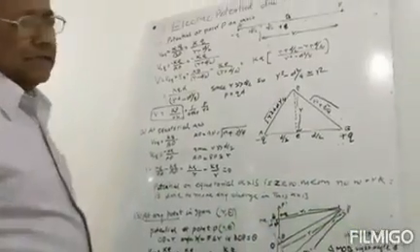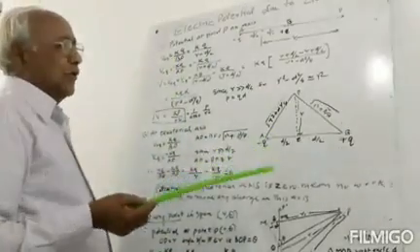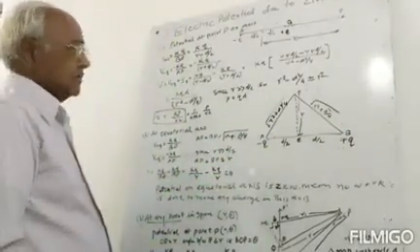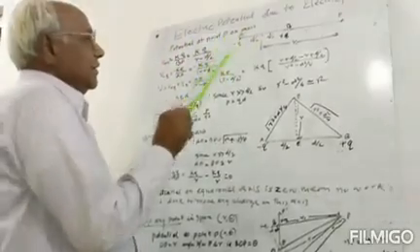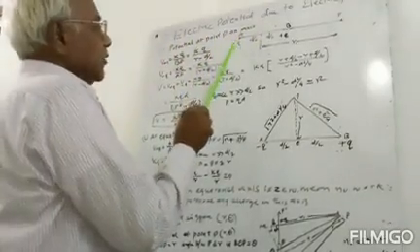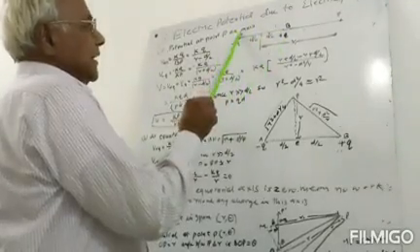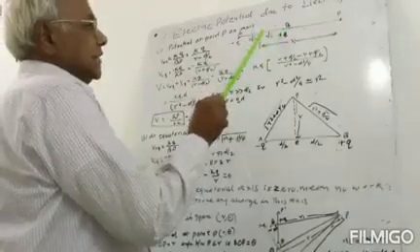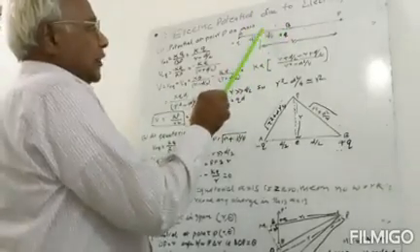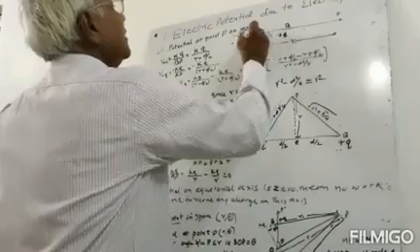So first we will take the potential due to a dipole on its axis. We have an electrical dipole with minus q placed at A and plus q placed at B. The distance between A and B is small d, and O is the center of the dipole.